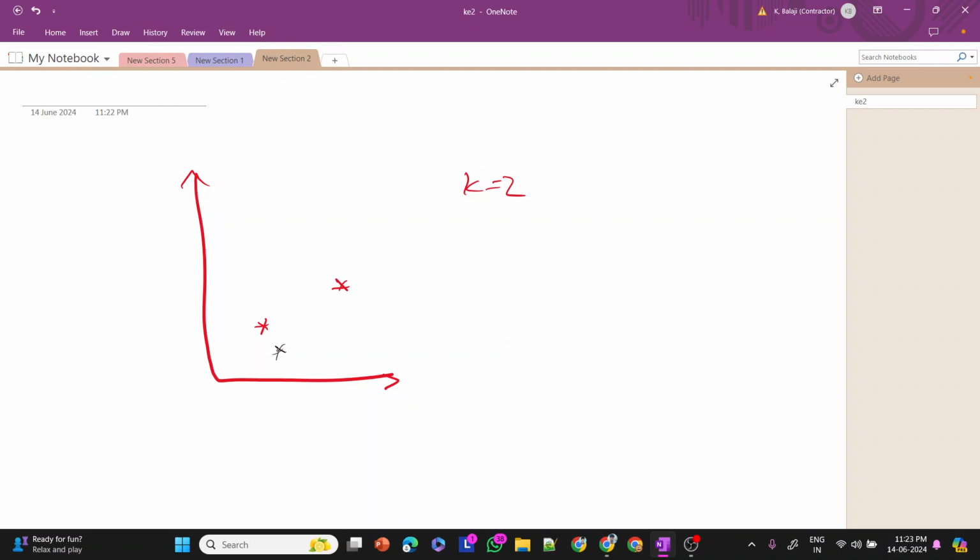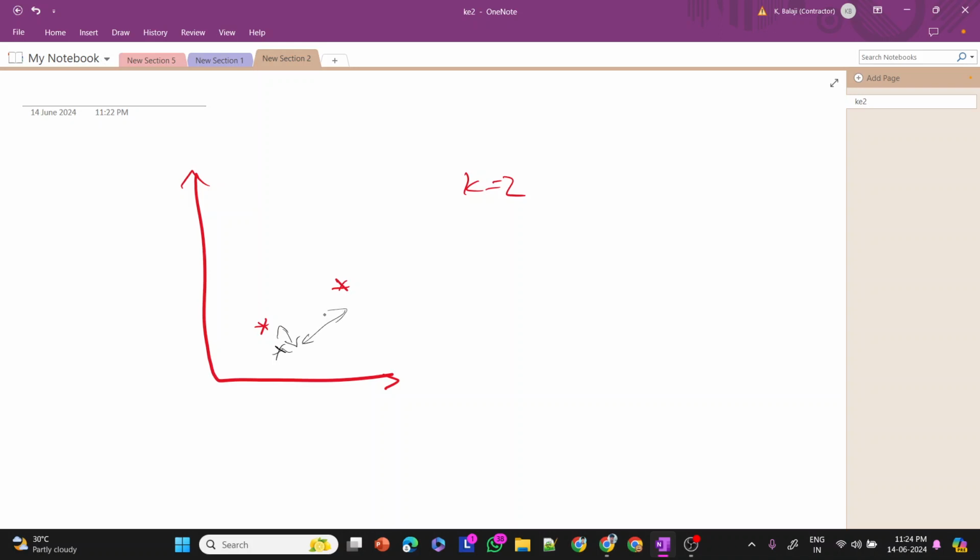After putting the point, we need to find the distance between the new point and the centroids which we already defined. It will find the distance between this point and this point.